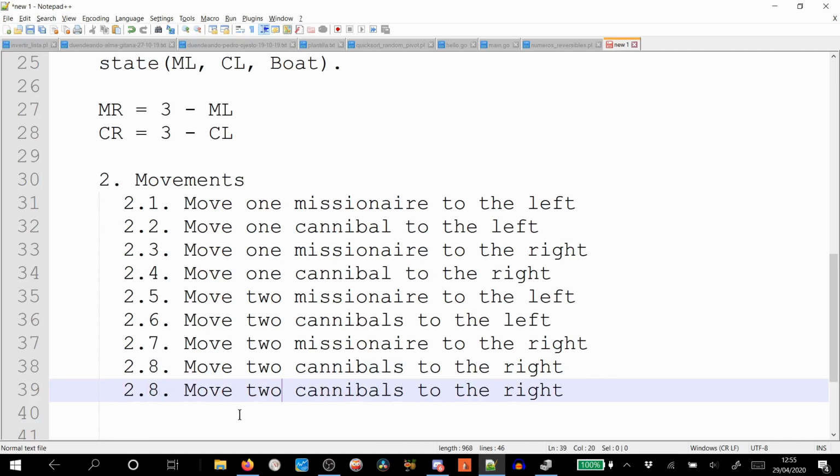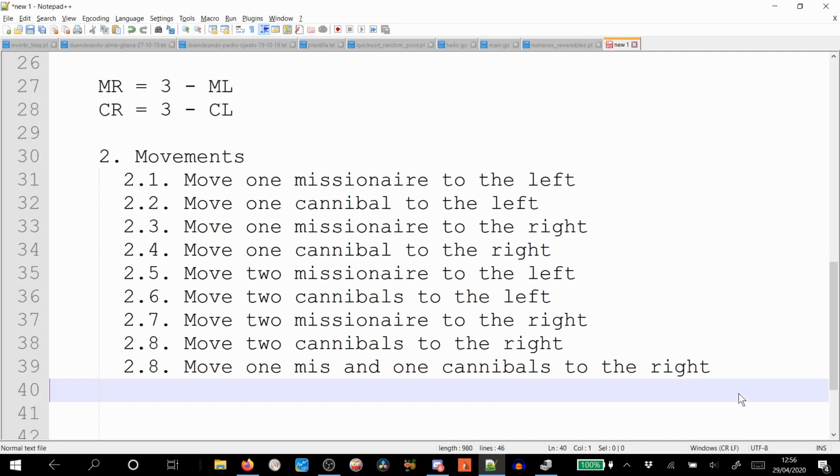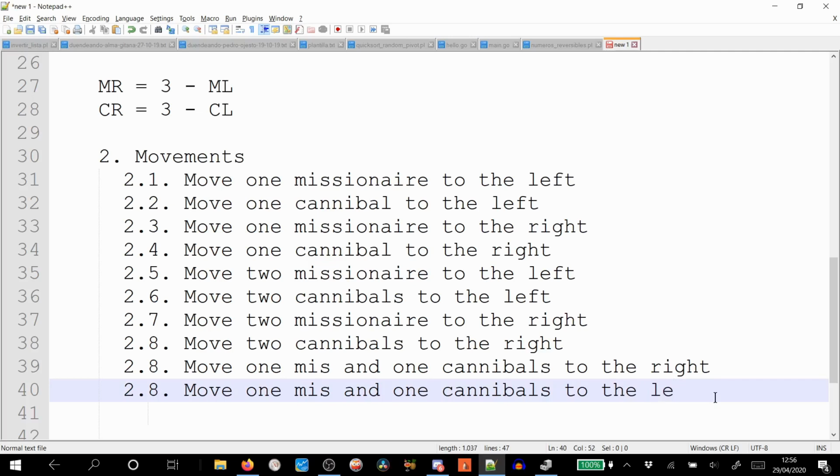Move 1 missionaire and 1 cannibal to the right and to the left. And to the left. That's all? Are there more options?